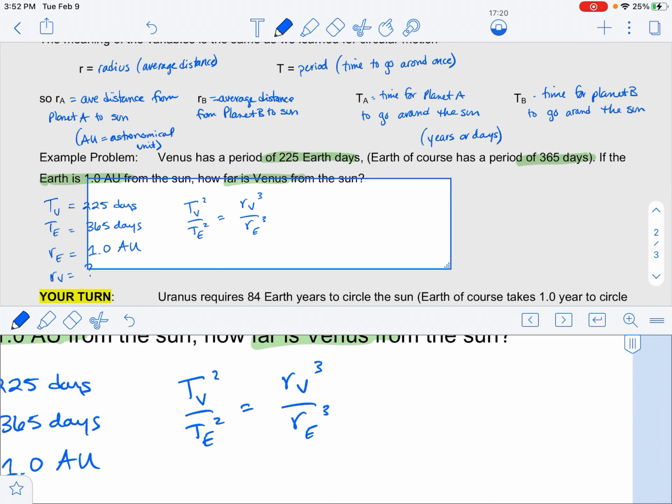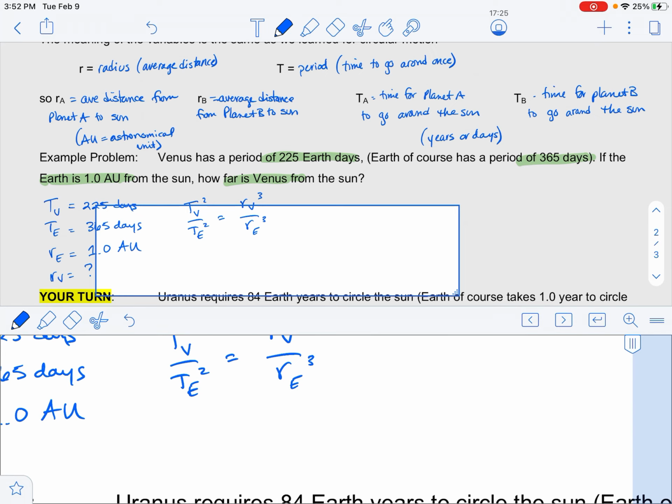And then down here, I'm going to plug in my numbers. So I've got 225 squared over 365 squared. And over here, I've got RV cubed over RE is 1 cubed. All right, so stop for a minute if you need to. Make sure you know where all those numbers came from.